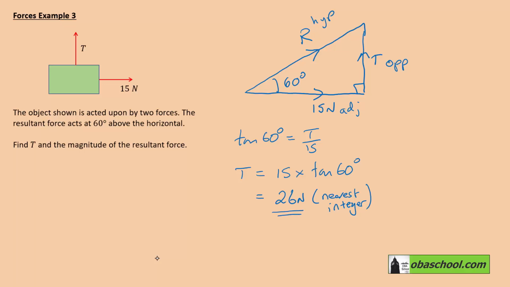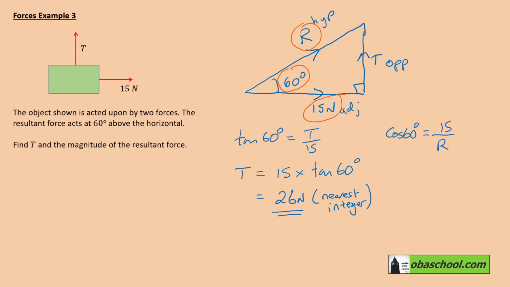Now, when we come to find R, I think that we should use information we were given. Now, in that case, we've got adjacent and hypotenuse, which means cosine. Cosine of 60 degrees is going to be the adjacent divided by the hypotenuse.